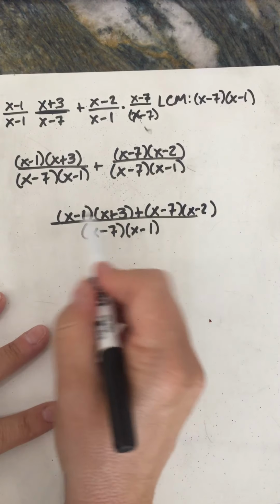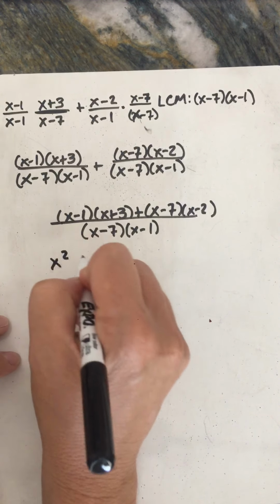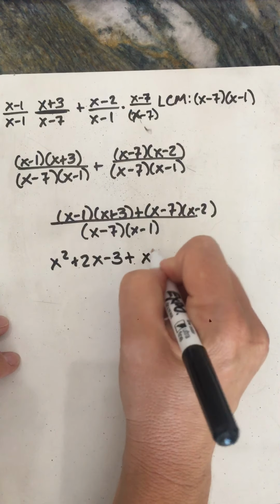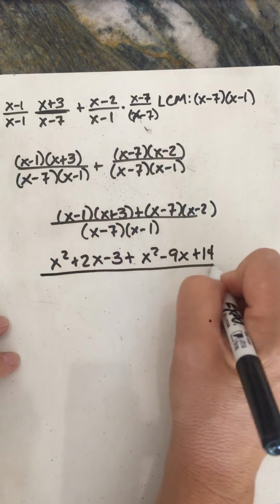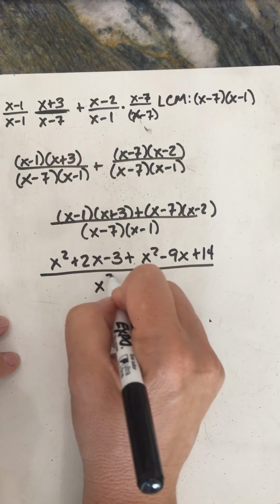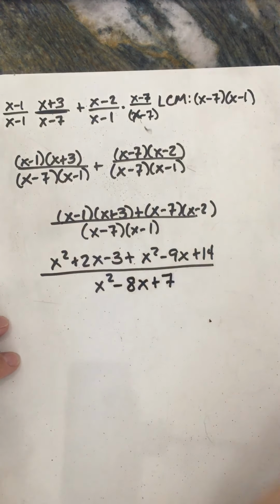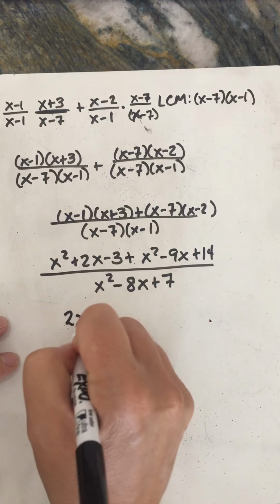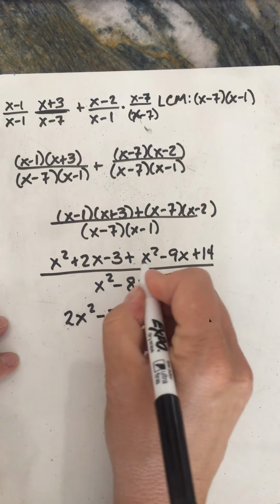Okay, so let's distribute or FOIL if that helps you. We've got x squared plus 2x minus 3 plus x squared minus 9x plus 14 divided by, I'll do the same thing in the denominator, x squared minus 8x plus 7. And then we also need to combine like terms in the numerator. So we've got 2x squareds. We have negative 7x's.